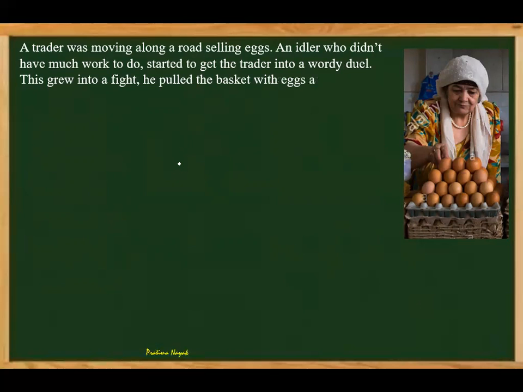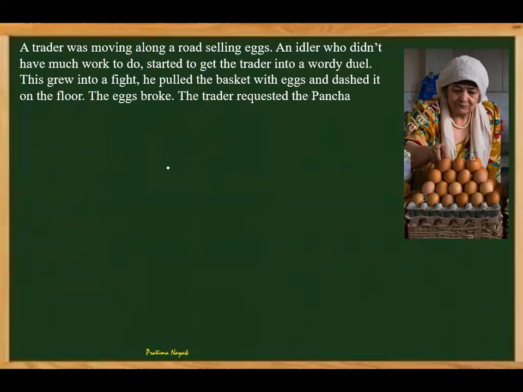This grew into a fight. He pulled the basket with the eggs and dashed it onto the floor, and the eggs broke. The trader requested the panchayat to ask the idler to pay for the broken eggs.